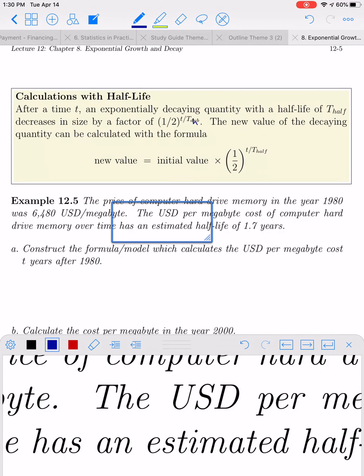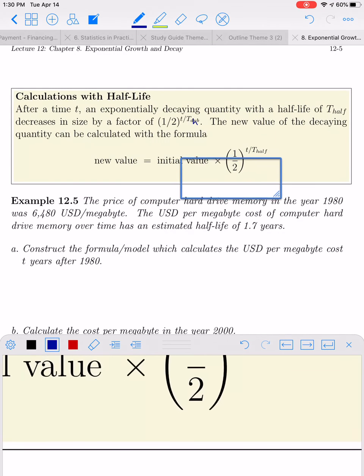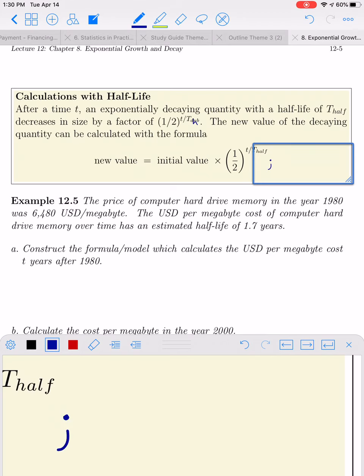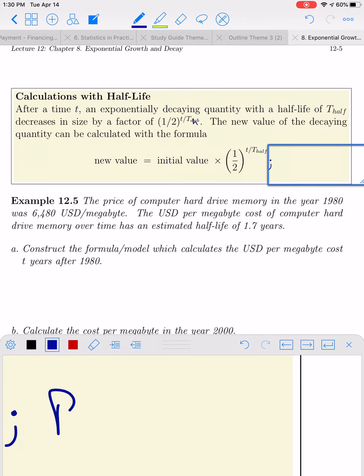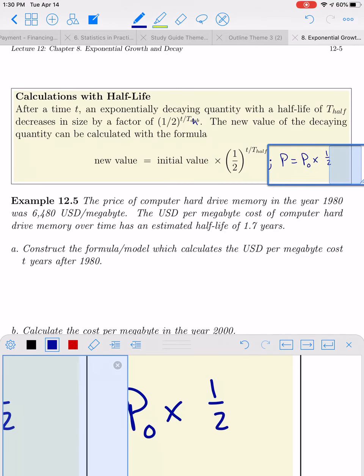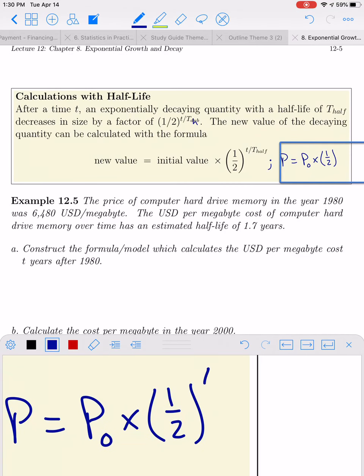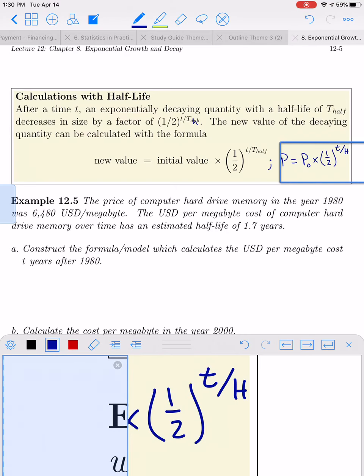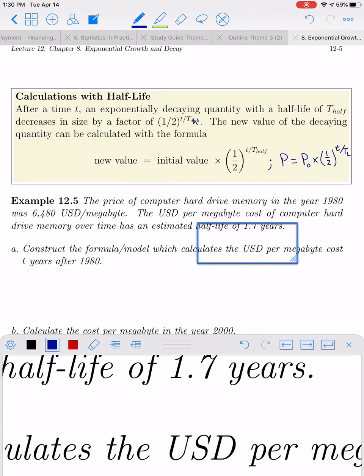Okay, the new value of the decaying quantity can be calculated with this formula, which looks quite a bit like the previous formula we had. I'll probably use P equals P naught times 1/2, or 0.5 even, to the T over T half, or half-life time.